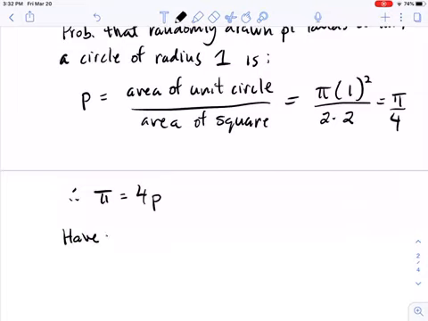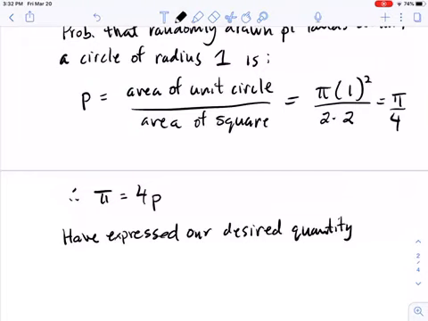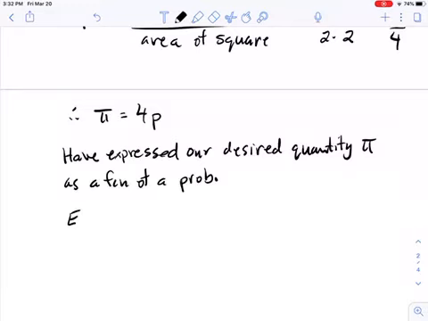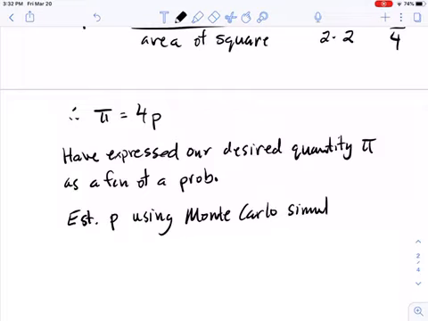So we have expressed our desired quantity pi as a function of a probability. And then we're going to estimate p using a Monte Carlo simulation.